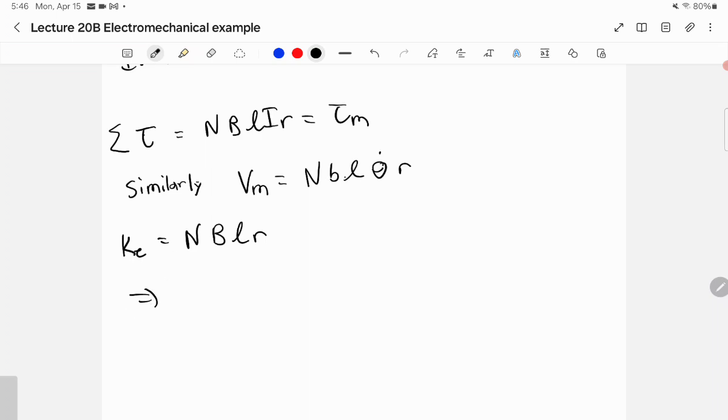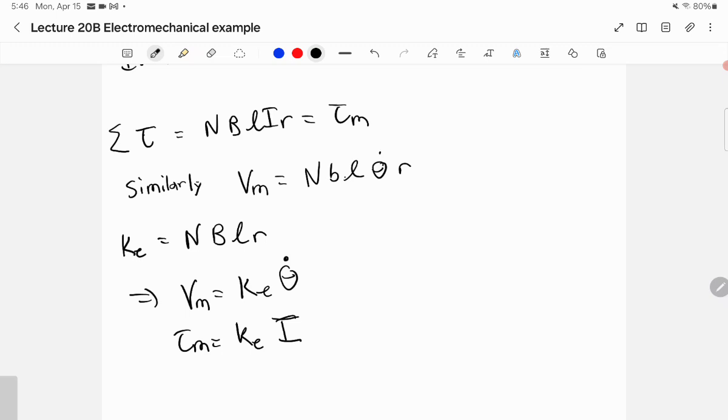So that just means that Vm is equal to Ke times theta dot, and tau m is equal to Ke times I, where I is the current, remember.